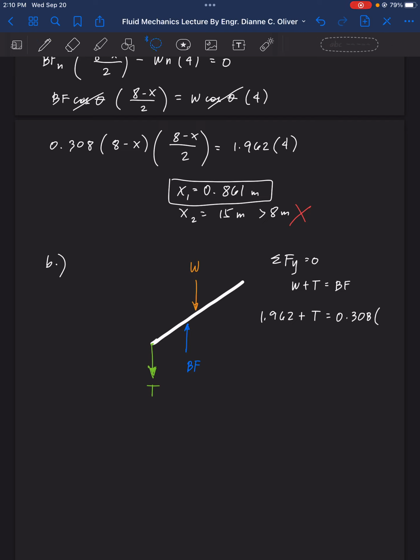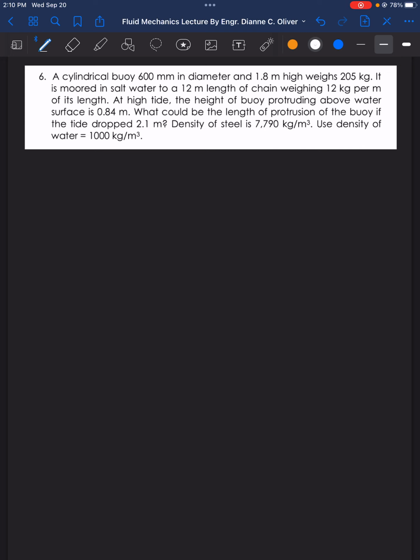Okay, last problem, we have number 6. A cylindrical buoy, 600 mm in diameter and 1.8 meter high, weighs 205 kilograms. It is moored in salt water to a 12-meter length of a chain weighing 12 kilograms per meter of its length.